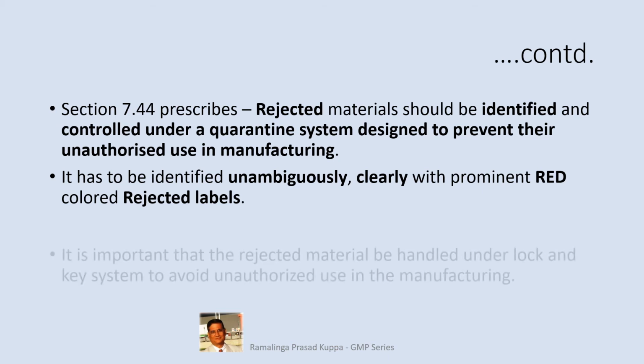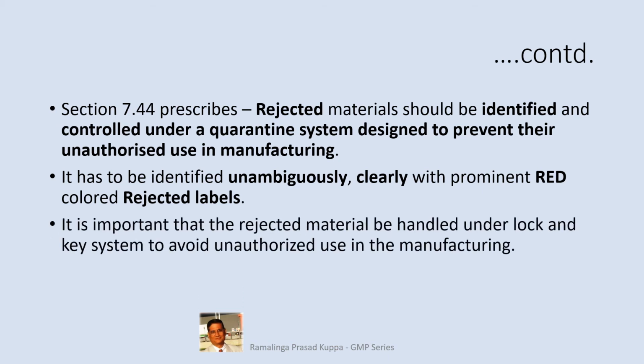It is important that the rejected material be handled under lock and key system to avoid unauthorized use in the manufacturing. Additionally, if the access is restricted, its usage may not be possible. So a lock and key system to prevent usage should be made.